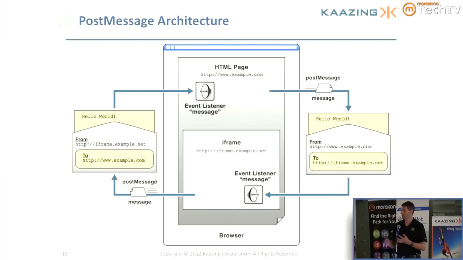The receiving end, and it works the same way in both directions, has an event listener. It receives a message object, checks which origin that came from, and then makes a decision on whether to parse that or not. So that's the high-level architecture.